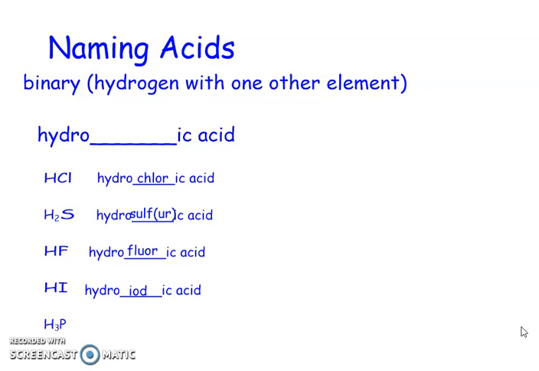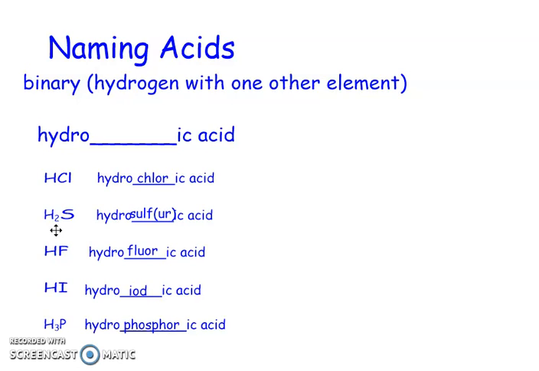So the iodine shortens to iod. And H3P, hydrophosphoric acid. Again, it's the root word of that element name. Don't worry too much about exactly where that root word stops. Just do your best with it, and that's all you really need.